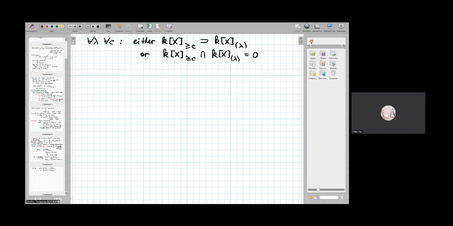This is because both subspaces are G-invariant, G-stable, and this subspace is an irreducible G-submodule.